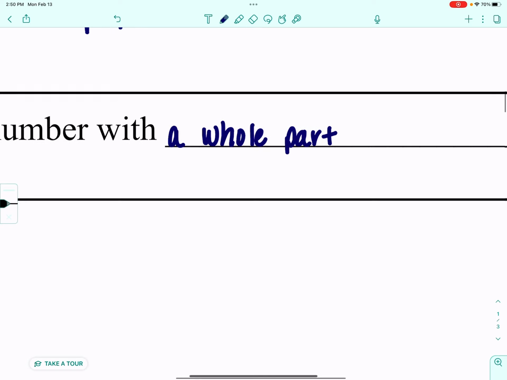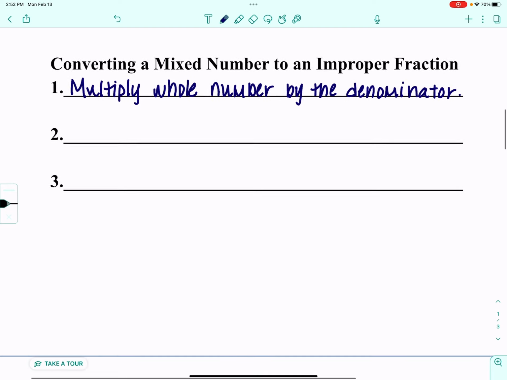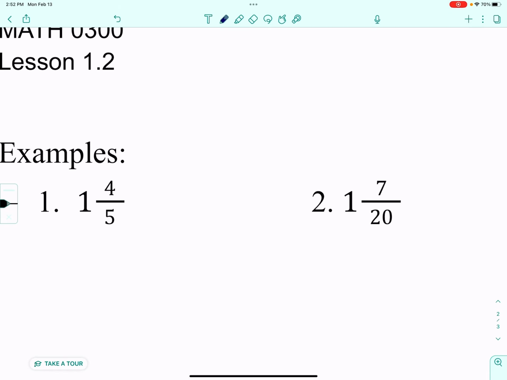We want to multiply the whole number by the denominator. So if I go down and look at the first example, I want to multiply the whole number, so the 1, times the denominator.